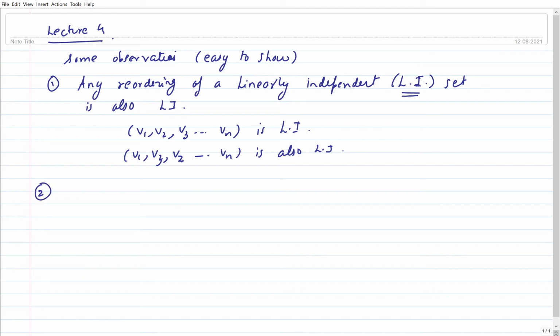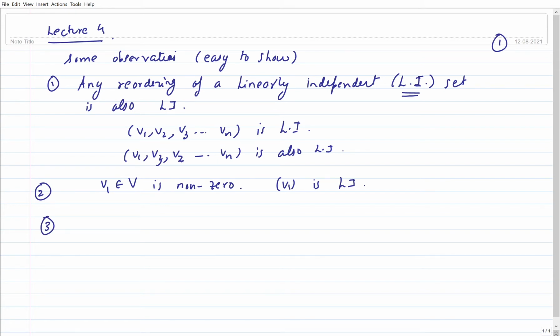Second, consider a single non-zero vector V1. V1 is non-zero. This is V1 is linearly independent.